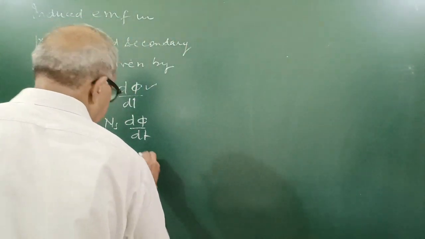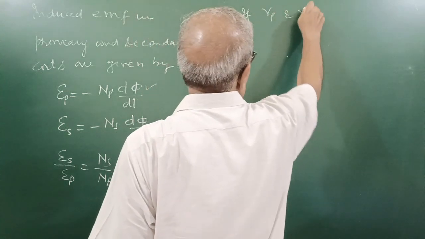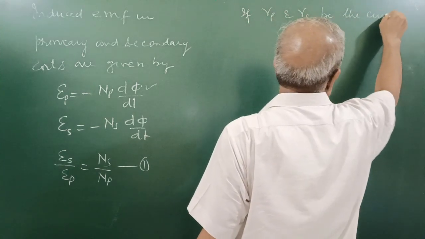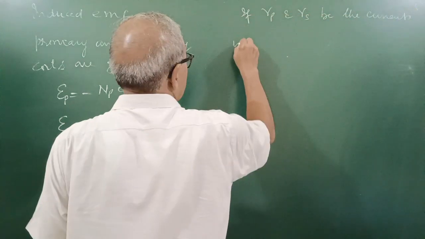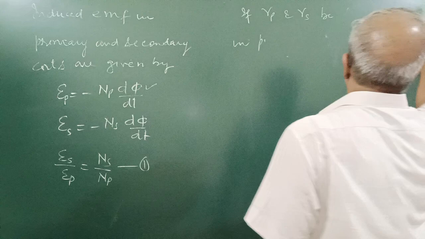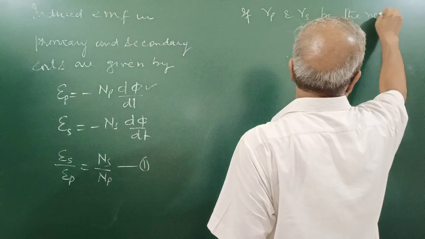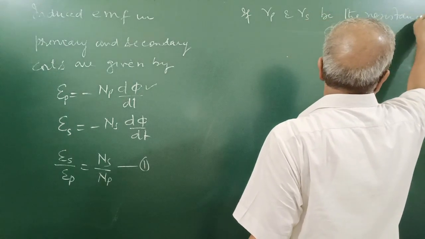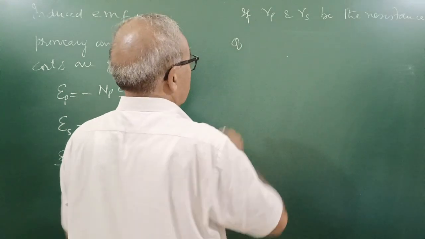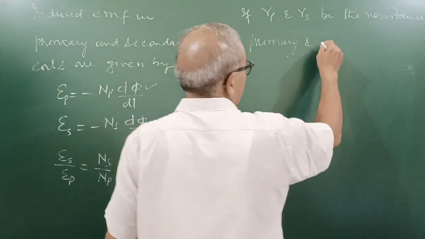Let RP and RS be the resistances of the primary and secondary coils.